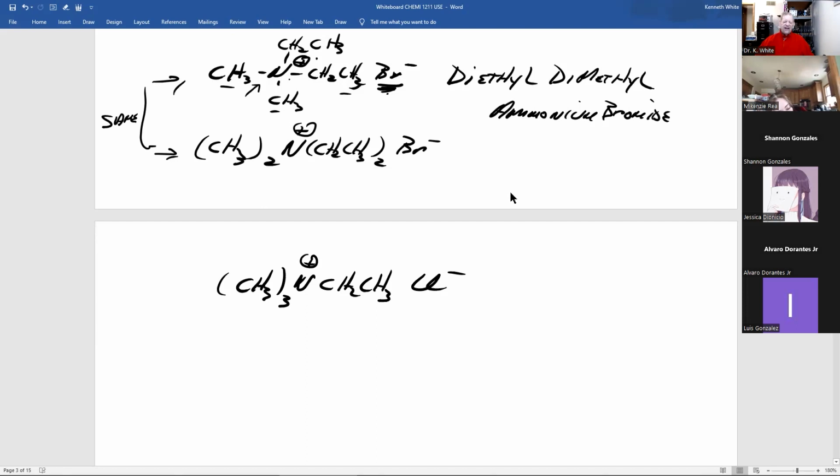And what would be the name of this molecule? Remember, 2 is di, 3 is tri.